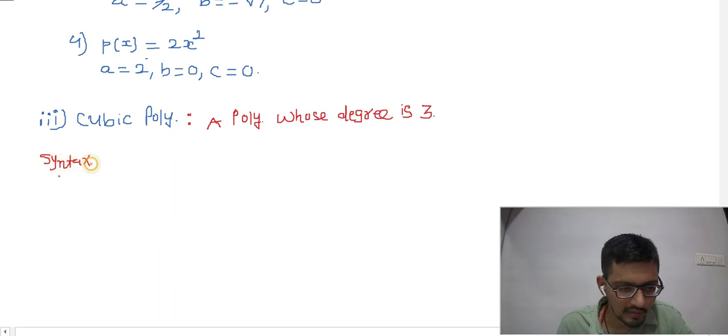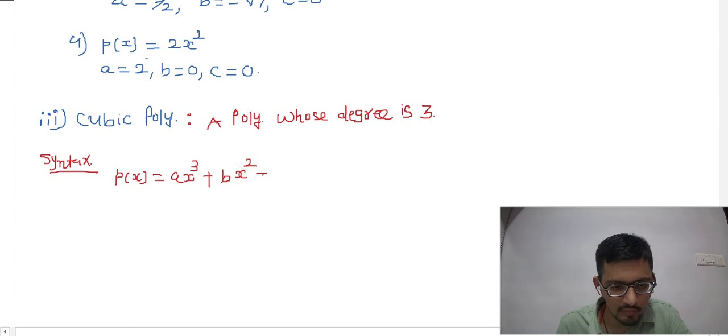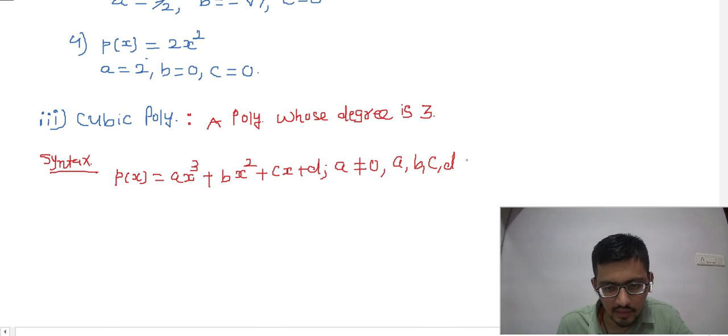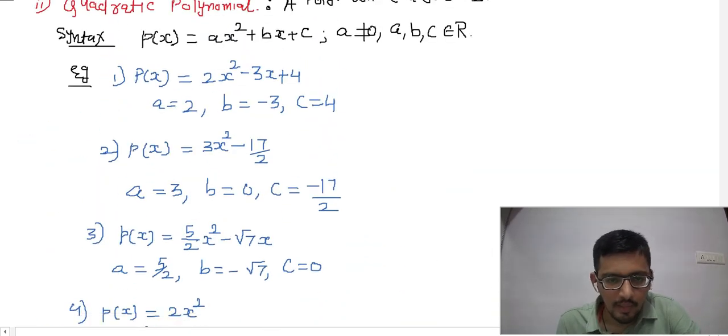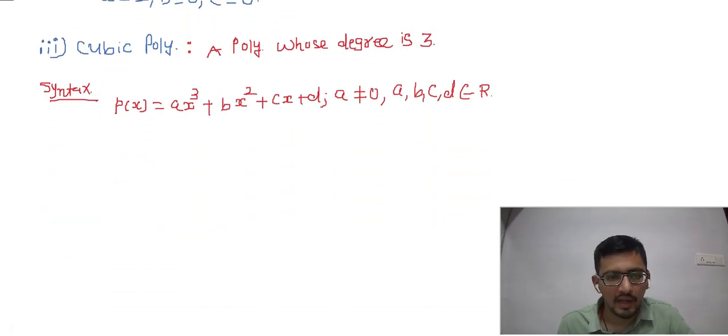And for this syntax, if I'm writing, p of x is equal to ax cube plus bx square plus cx plus d, where a cannot be 0 and a, b, c, d belong to real numbers. All four belong to real numbers.